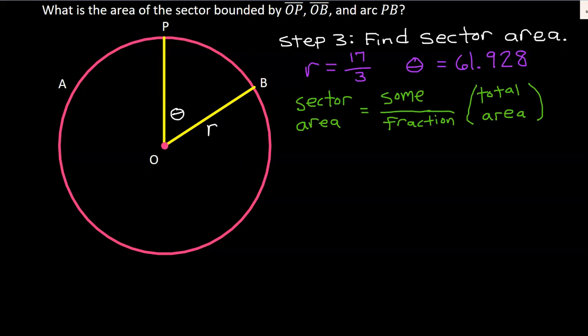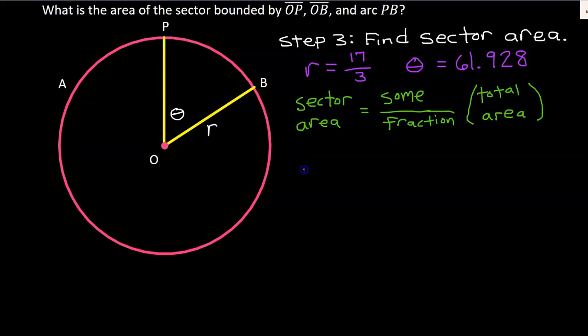Now, I'm about to write down a formula for sector area, but I want you to understand where each part of this formula is coming from. So what I always think when I think about sector area is that it's always going to be some fraction of the total area, because the sector area is like one slice of the whole pie. So here's the formula.